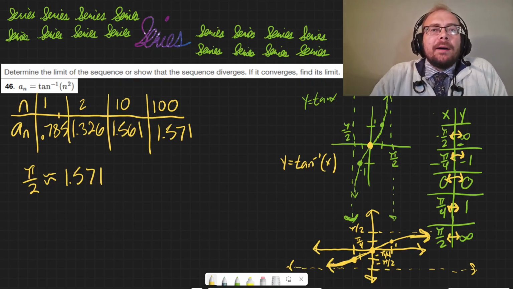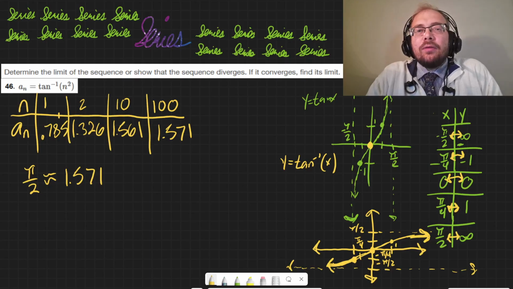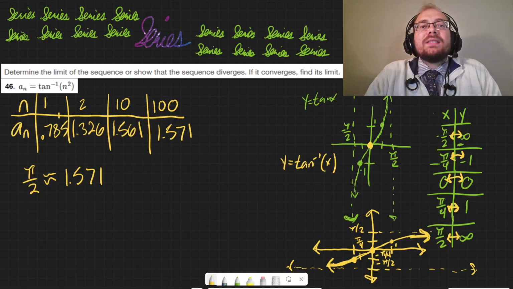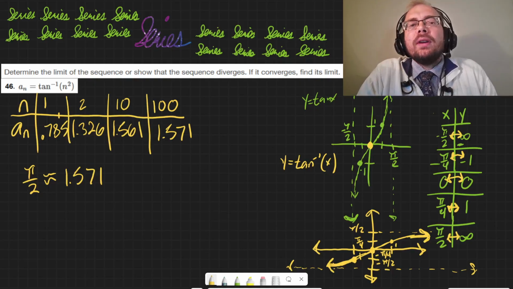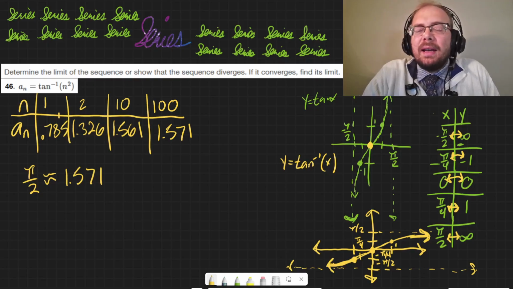So these are just several ways that we can show that the sequence does converge. We can say that it converges because of the tangent inverse of n squared. We could say that u is equal to n squared, and then tangent inverse of u we know is pi halves because of the graph, basically.